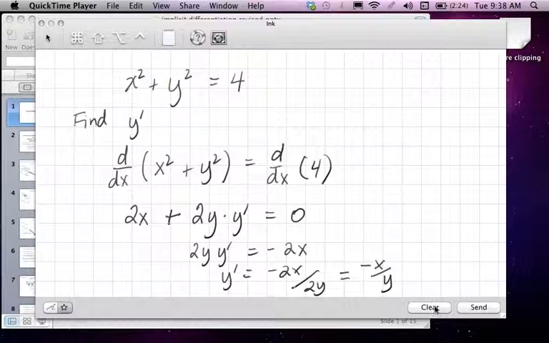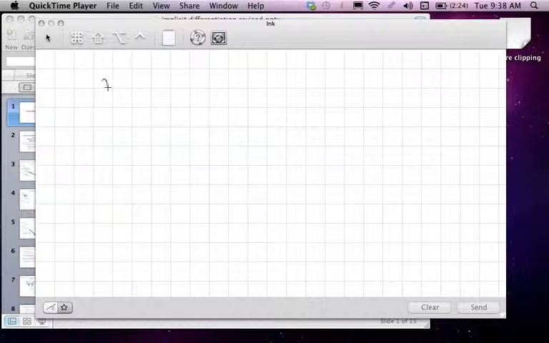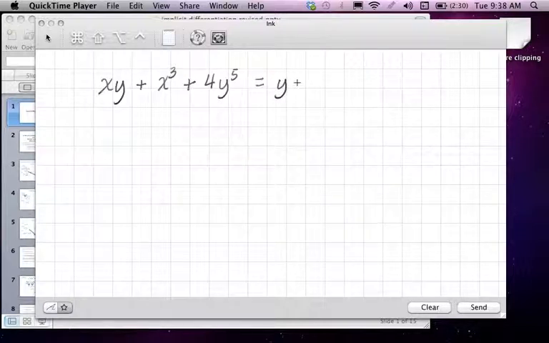Let me do another one. Let me go xy plus x to the third plus 4y to the fifth equals y. What the heck? Let's just add in a whole bunch of stuff here. So now I'm going to be doing implicit differentiation.